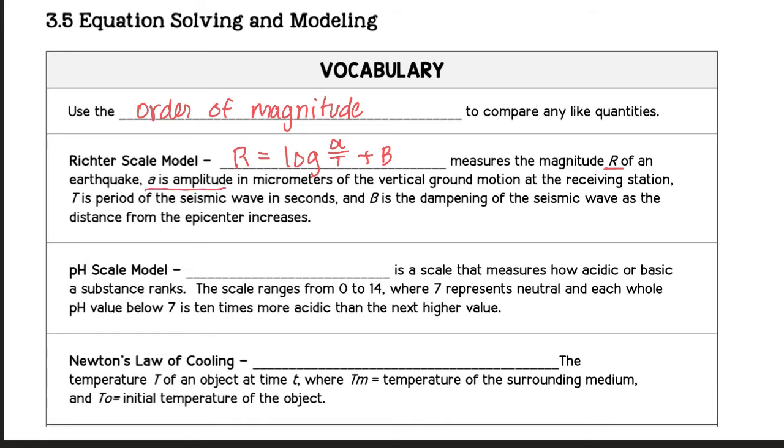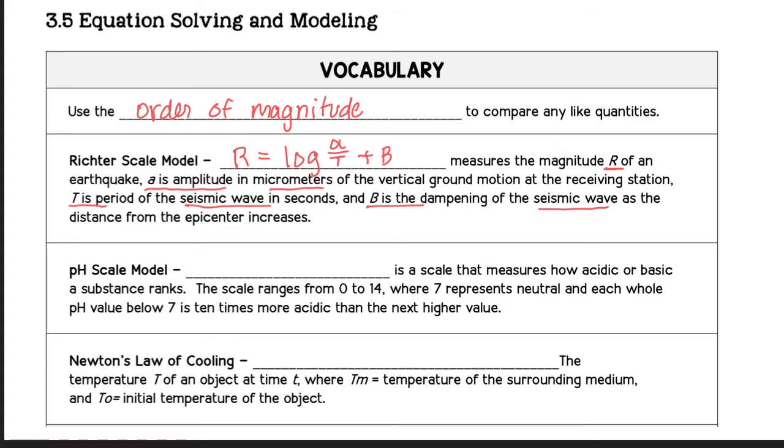A is the amplitude in micrometers of the vertical ground motion at receiving station. T is the period of the seismic wave in seconds, and B is the dampening of the seismic wave as the distance of the epicenter increases.